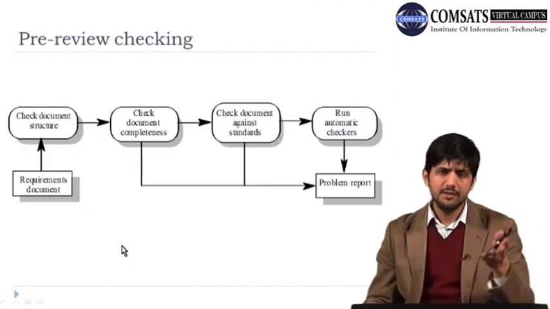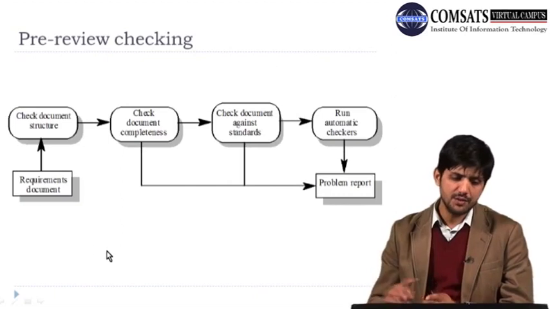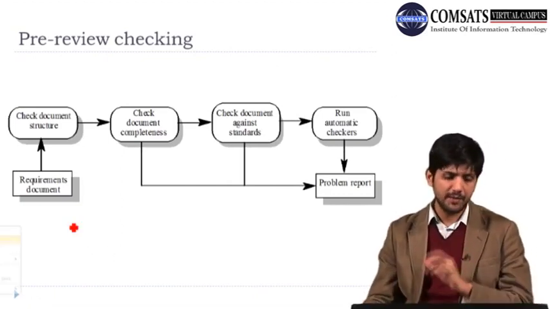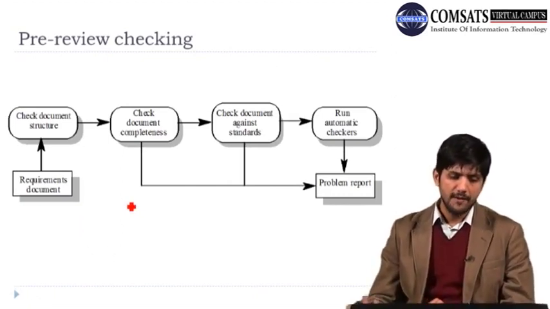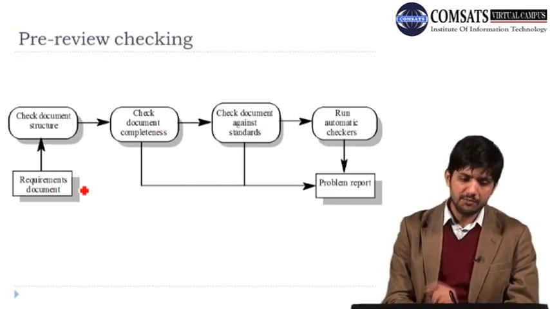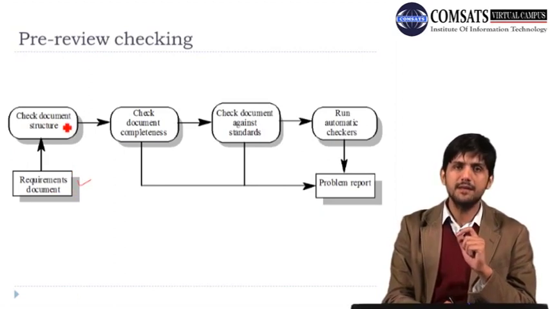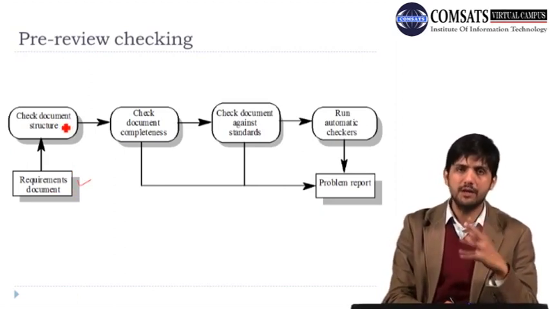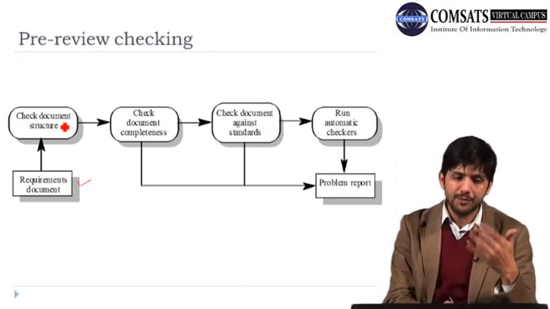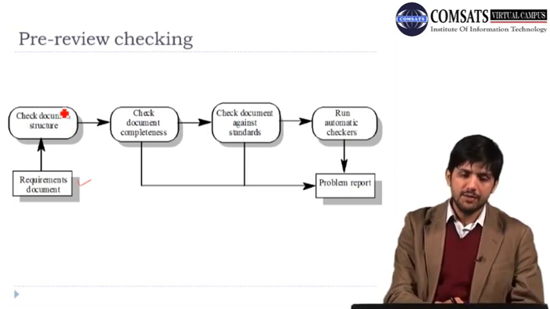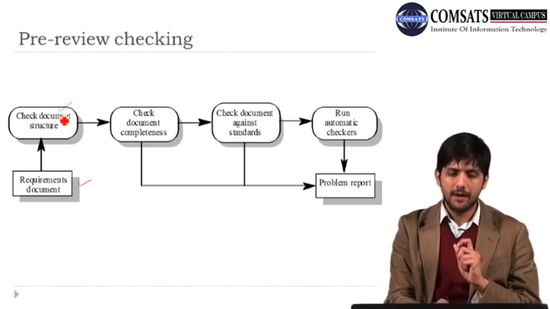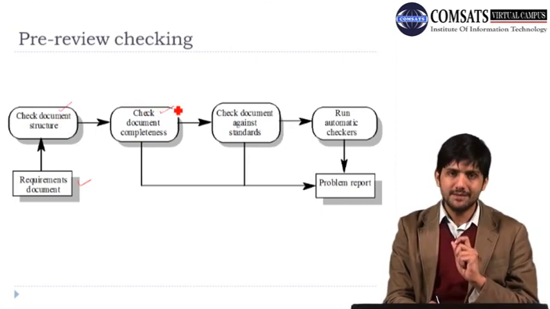So how do we do this pre-review checking? Again, you have prepared this requirement document, which is a complete requirement document, and there are a few things that the pre-review checker, or the person responsible for performing this pre-review, would do. He would check the document for structure and completeness.